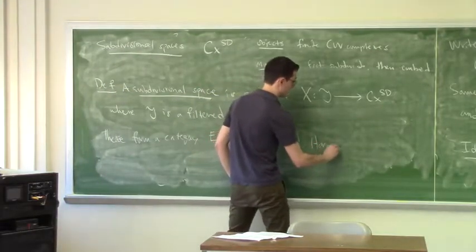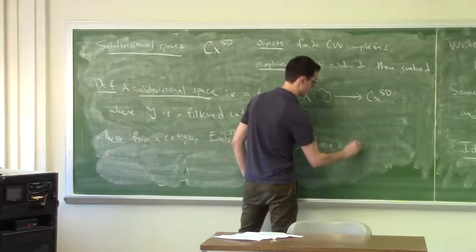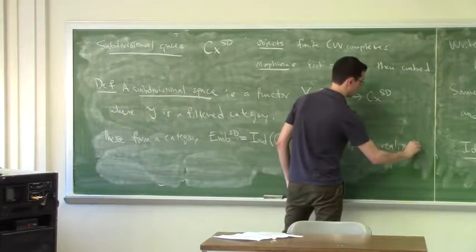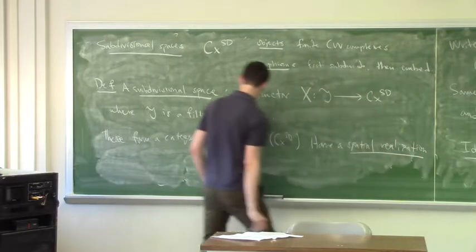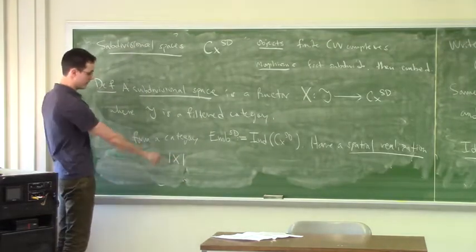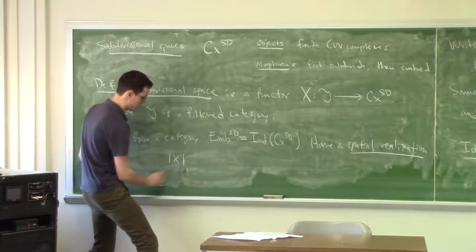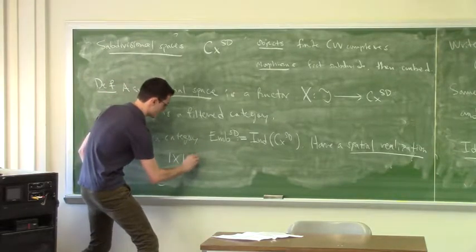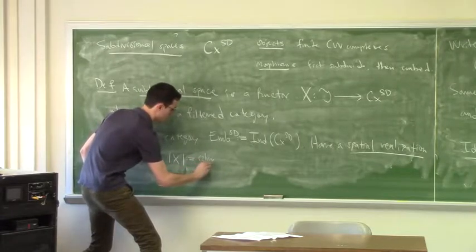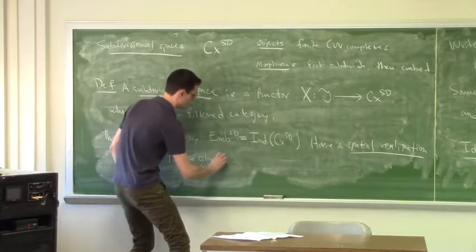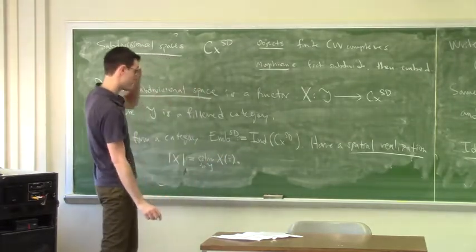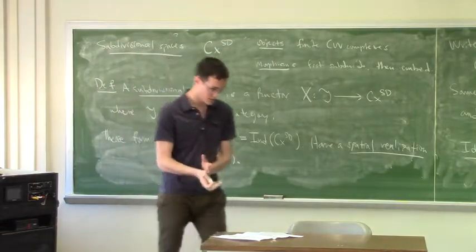So if we have a spatial realization functor, which I'll write as an imitation of the geometric realization of a simplicial set, this is just defined to be the colimit over the category I and the values of the functor. That extends to a functor from this category to topological spaces.